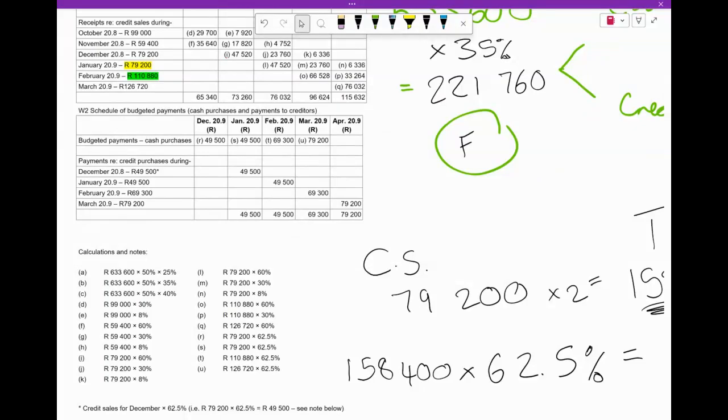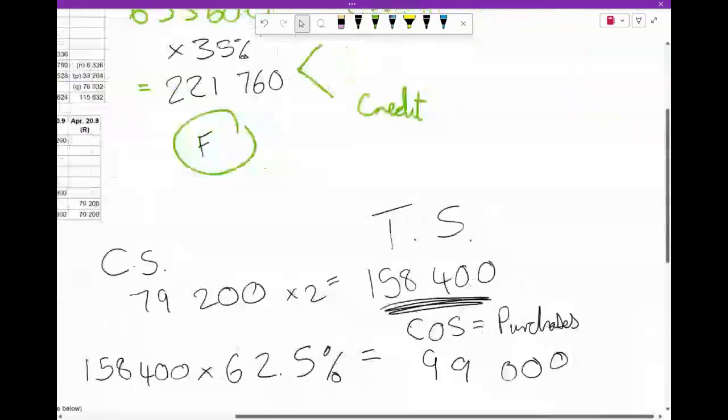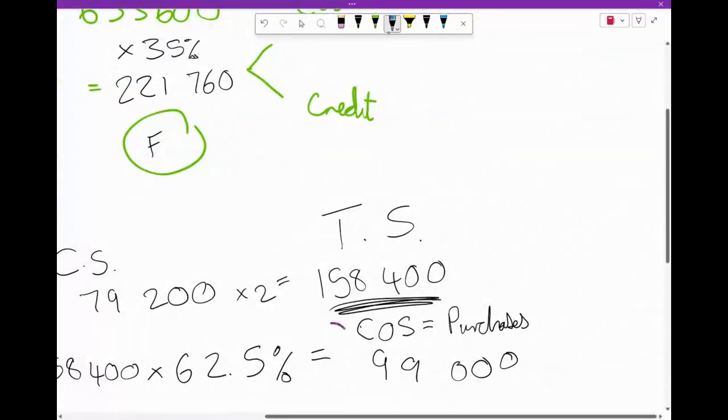So cost of sales is equal to purchases. If we can get our cost of sales, we can get the purchases amount for whichever month we are looking at. Are we together?